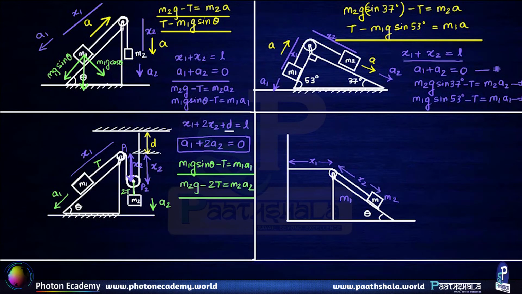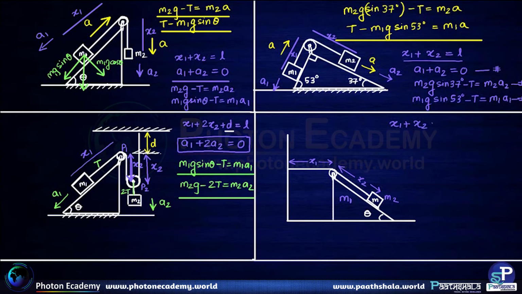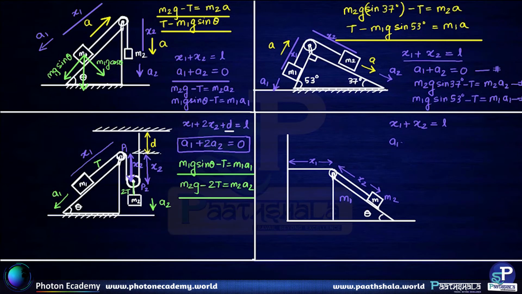So the length of the string happens to be x1 plus x2. This is equal to the length of the string. Alright. So if we double differentiate this equation, we get a1 plus a2 is equal to 0.